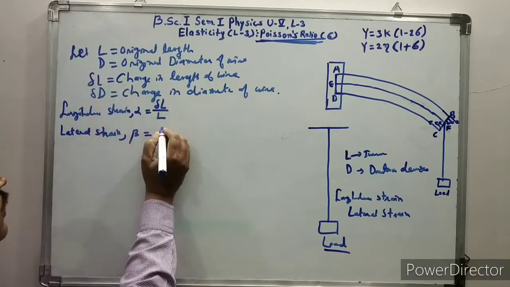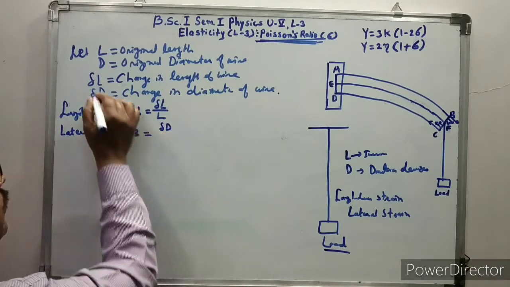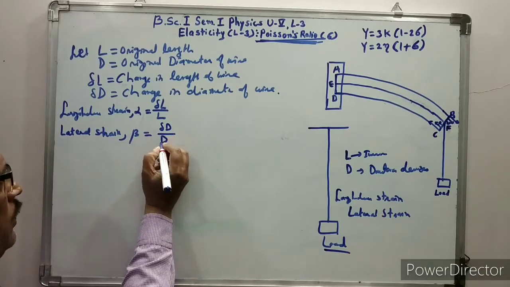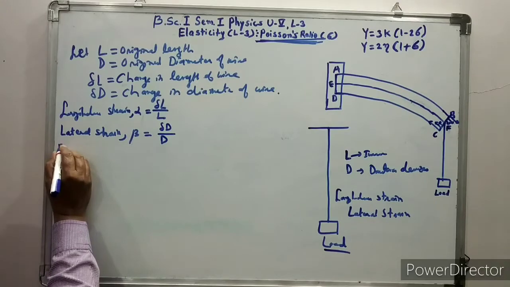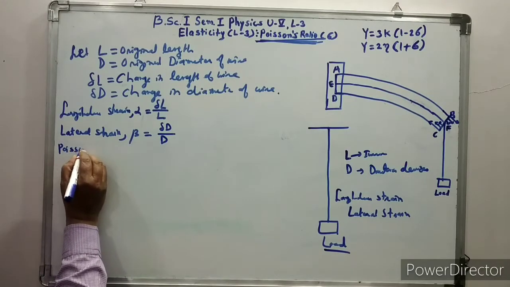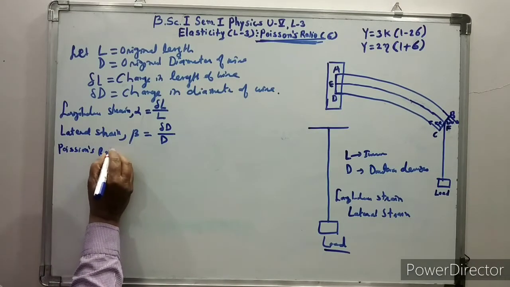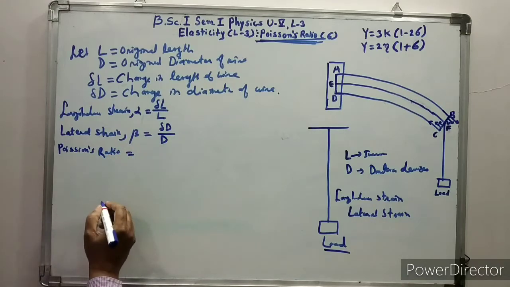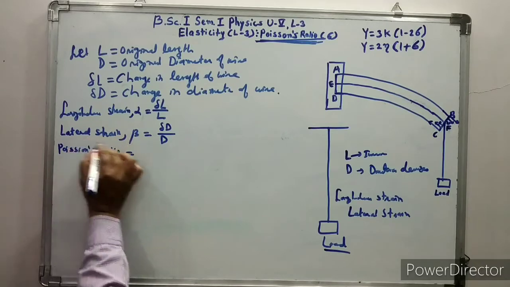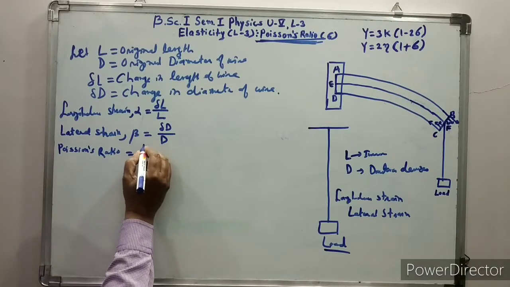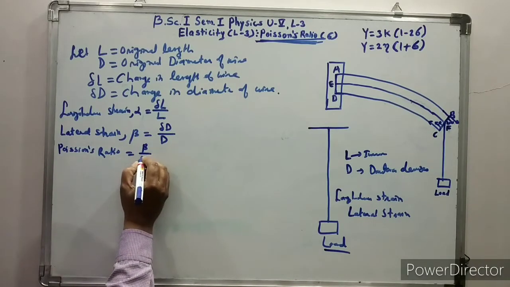Change in diameter is delta D, divided by original diameter of the wire D, and therefore Poisson's ratio is equal to lateral strain divided by longitudinal strain, that is beta by alpha.